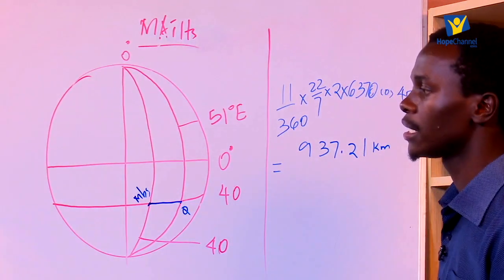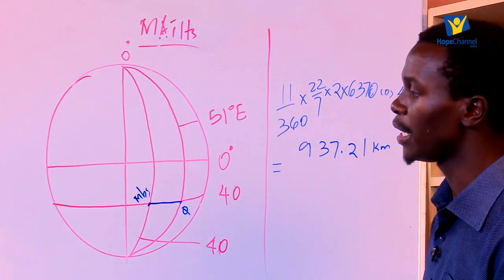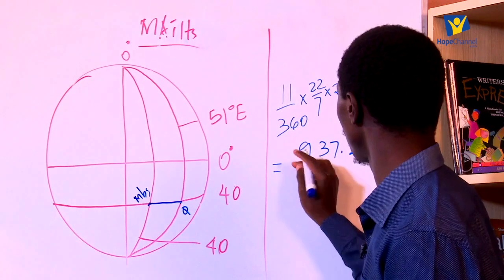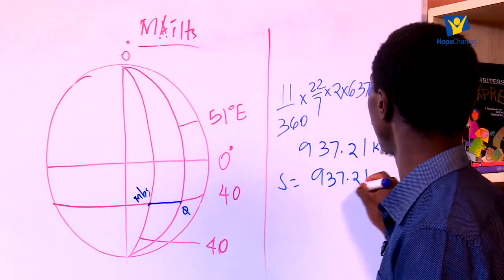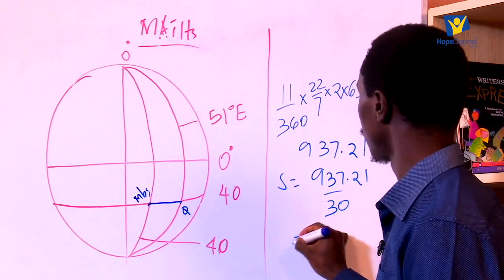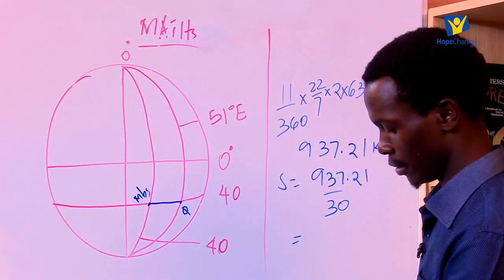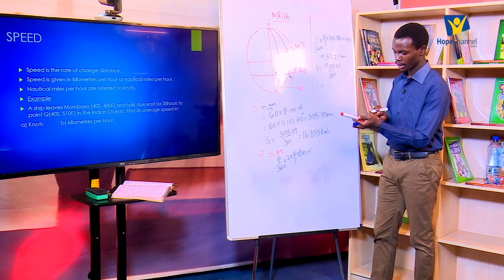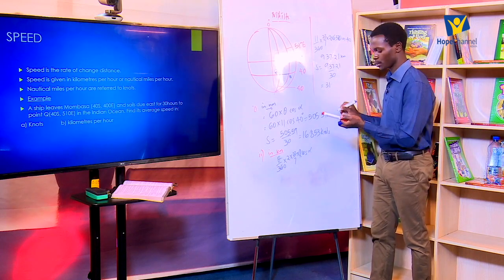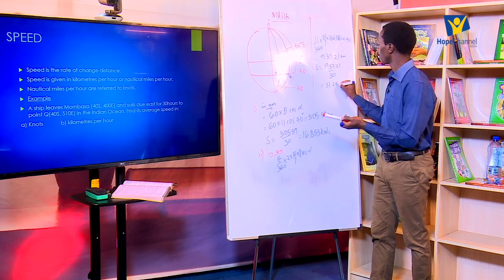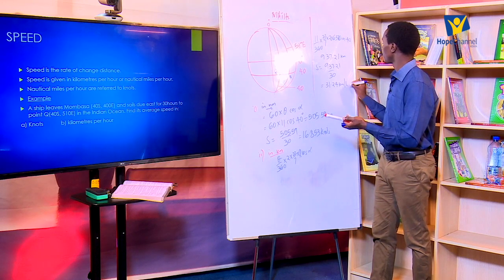After getting the distance in kilometers, we are asked now to get the speed in kilometers per hour. So you're going to divide. So speed is 937.21 divided by 30. That gives us 31.24 kilometers per hour.